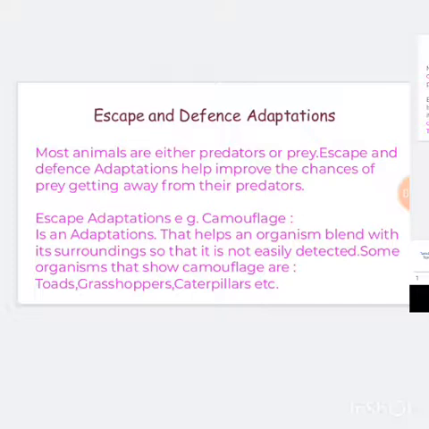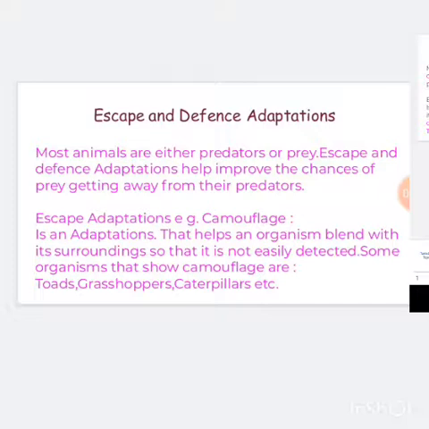Okay, so on this slide, most animals are either predators or prey. Predators, those are animals that feed on other animals, usually carnivorous animals. They hunt and kill other animals for food. Or prey, those are the animals that are being hunted and eaten.